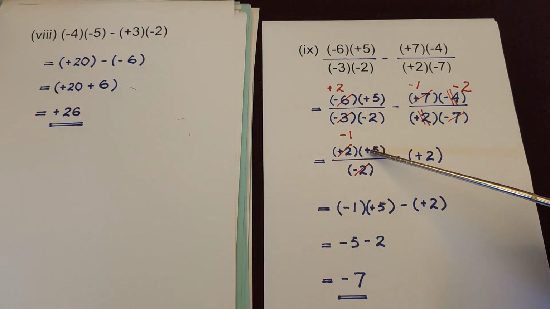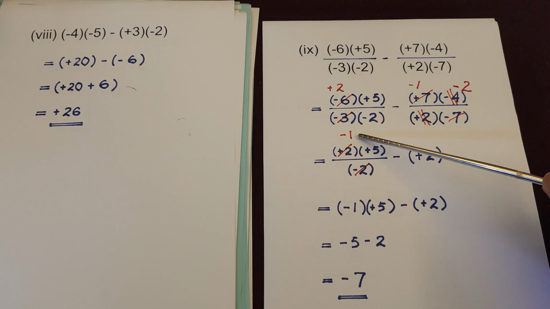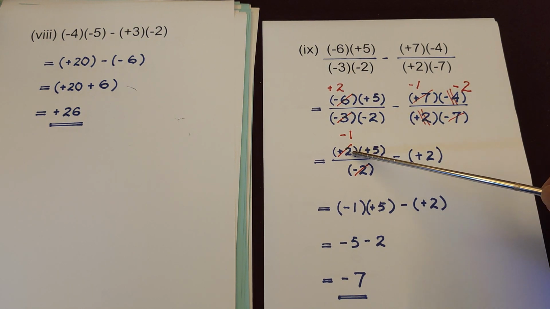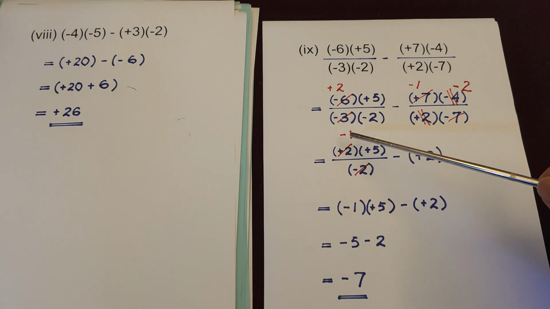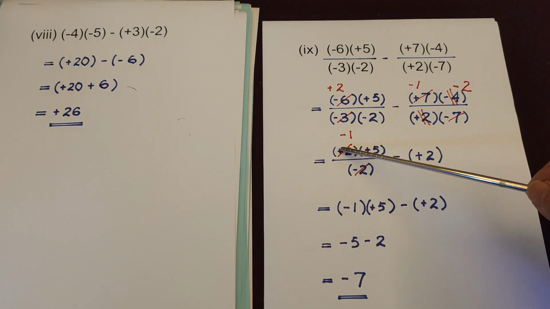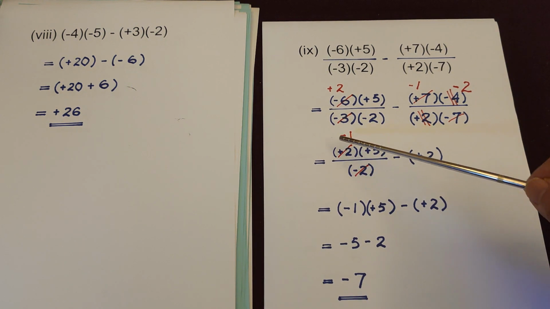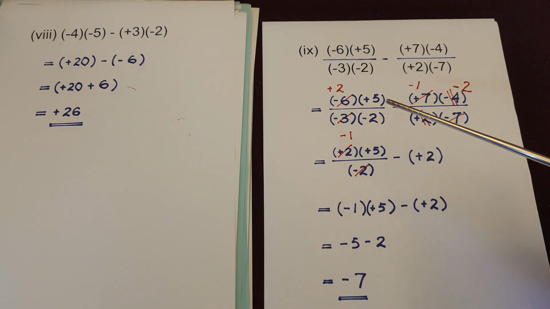Okay, when we come down to here, we can see that we have a positive 2, and here is a negative 2. Then they cancel each other with a result of 1. And the sign here, because they are different, we have a negative sign here.